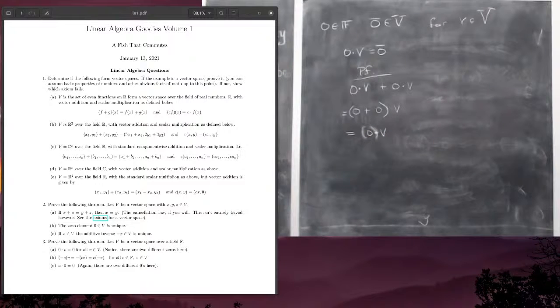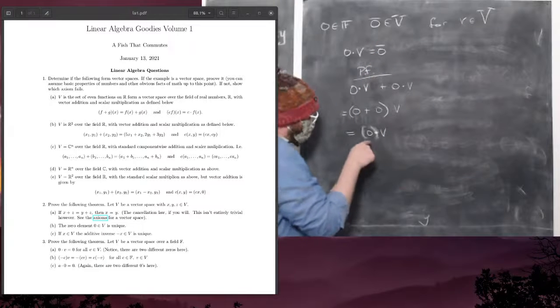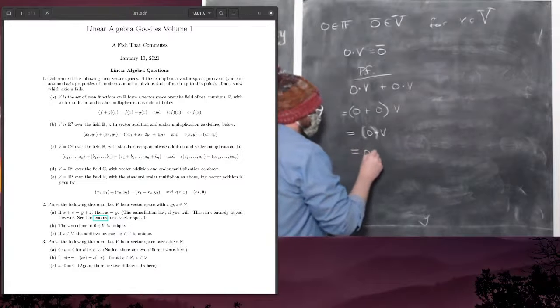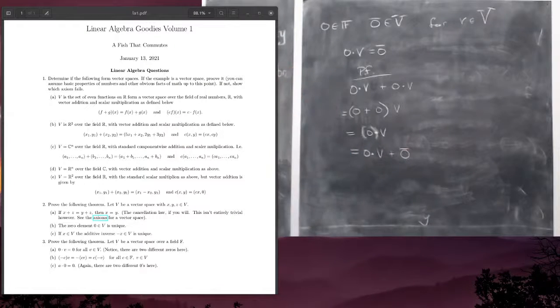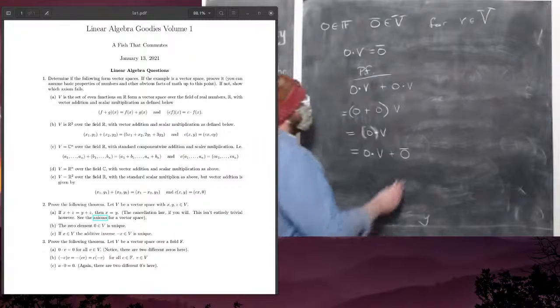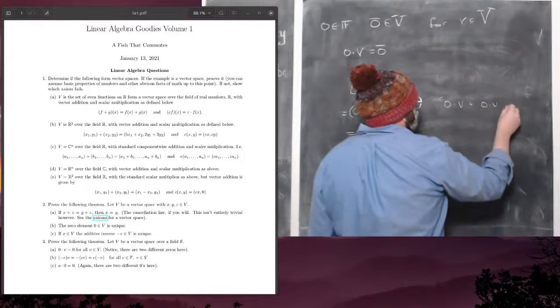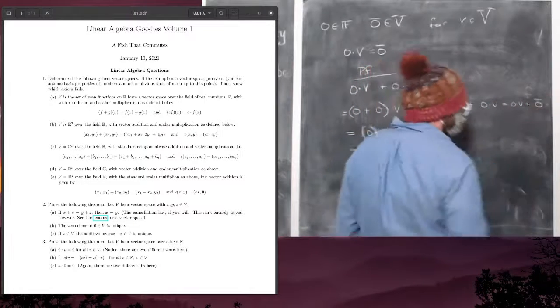And then I know that the 0 vector is in my vector space, and that if I add the 0 vector to anything, it doesn't change anything. So this is the same as 0.v plus the 0 vector. And so that tells us that 0.v plus 0.v equals 0.v plus the 0 vector.